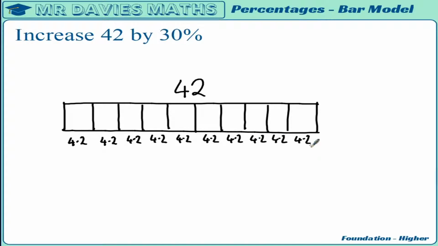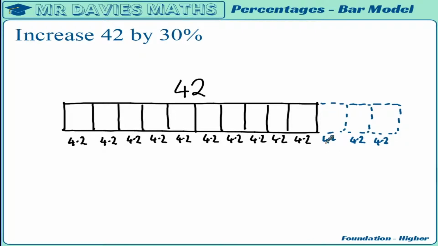There we go. So I'm going to increase it by 30% this time, so adding on 3 extra boxes, 3 extra 4.2s. So I've got to figure out what that's going to be. That's 4.2, that's 4.2 and 4.2.